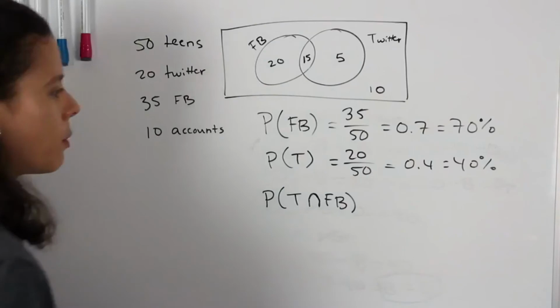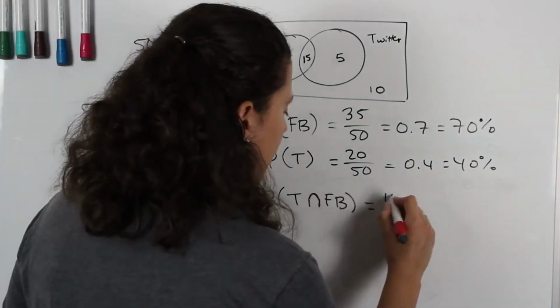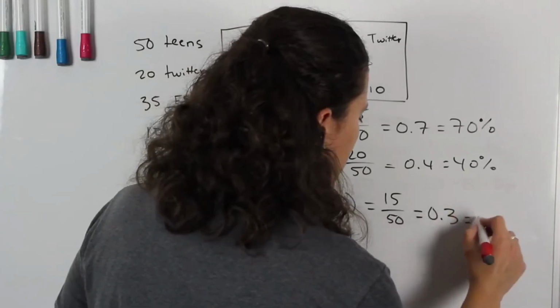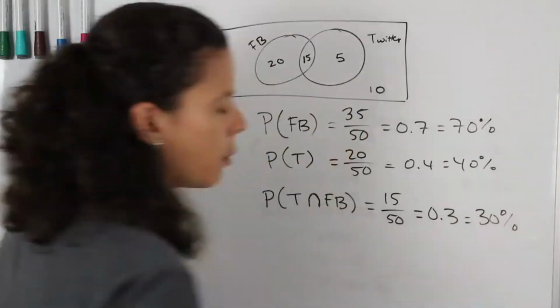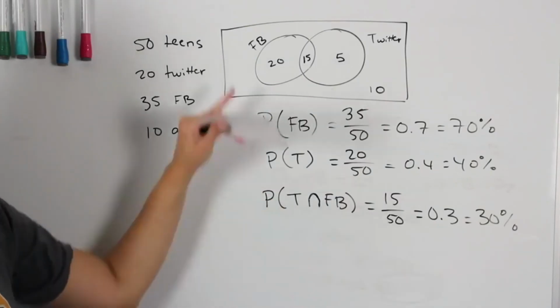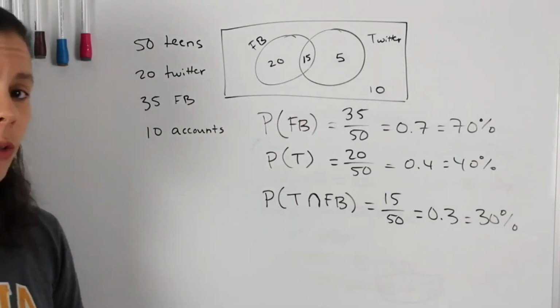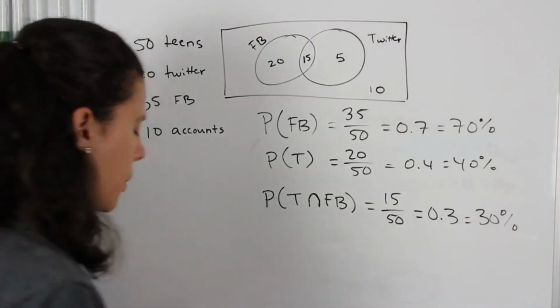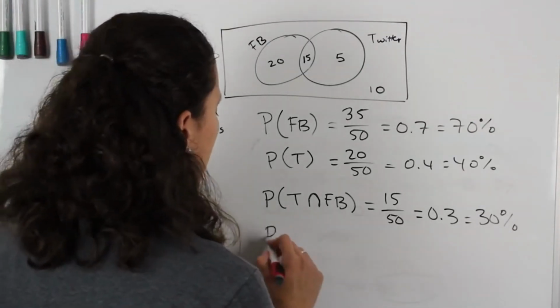All right, so that's going to be 15 out of 50, which is 0.3, which is a 30% probability that if we choose a student at random or a teen at random, they're going to have both a Twitter and a Facebook account.